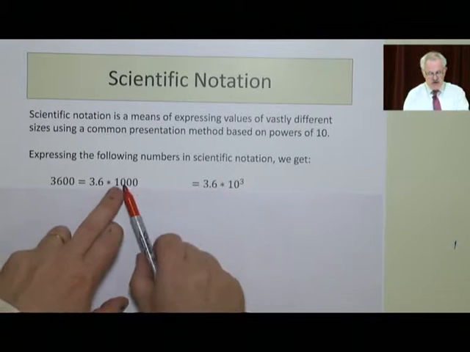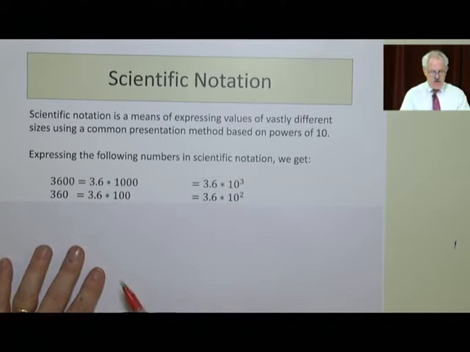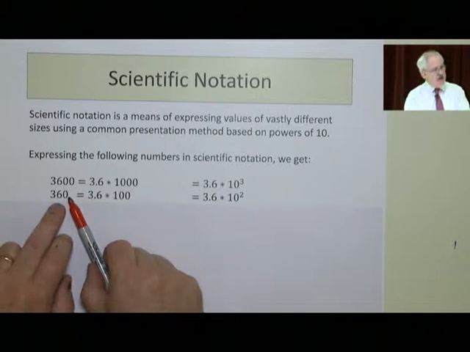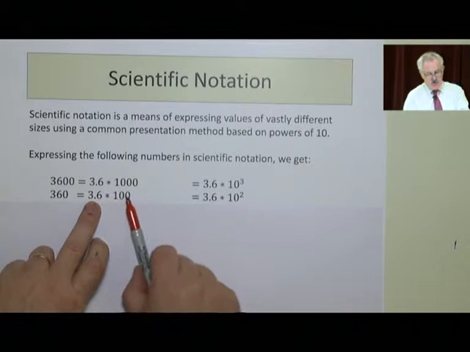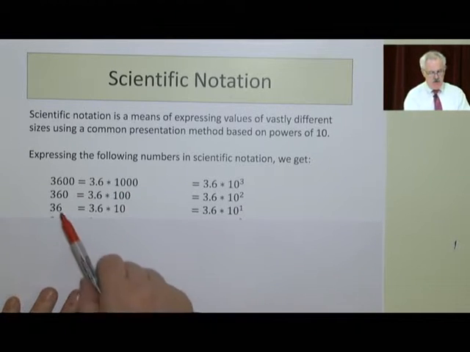The 3.6 stays, and the 1,000 is 10 to the 3. 360, you can change that by dividing by 100, you get 3.6, and by multiplying by 100 to make up for it, you get that.